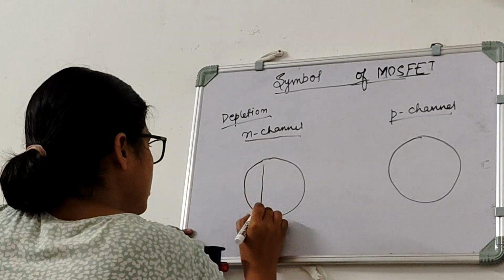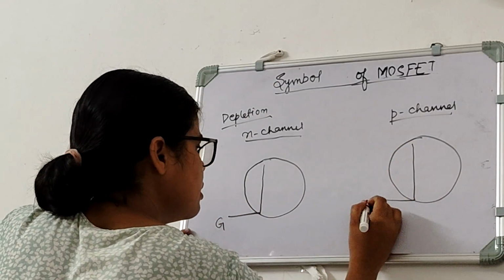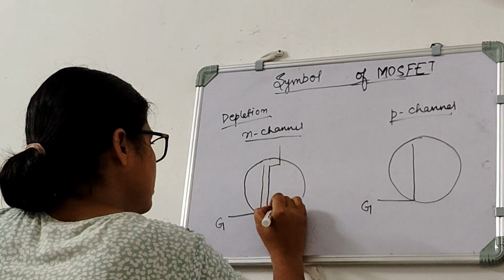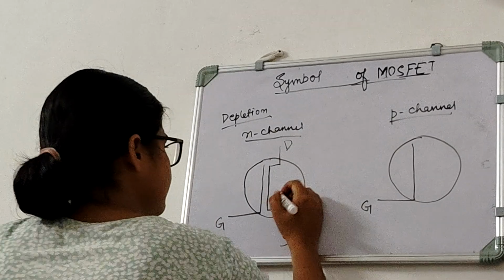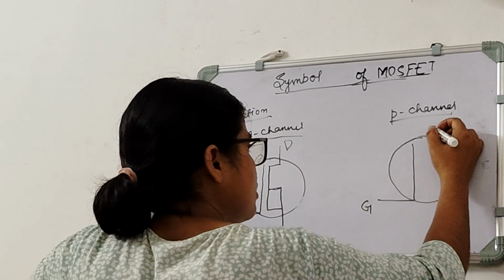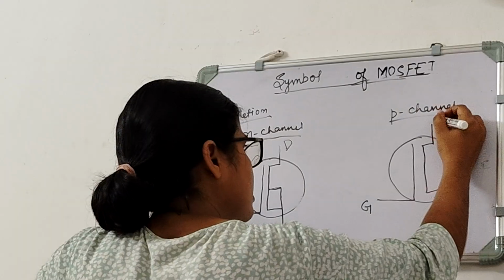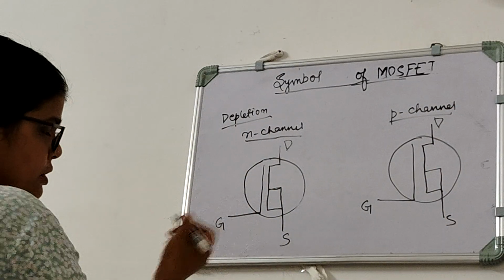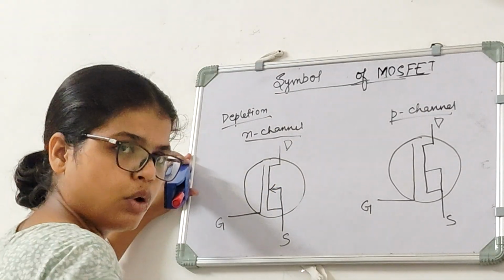Then we will draw the gate terminal, the drain terminal, and the source terminal. Here also we will draw a round circle, gate terminal, drain terminal, and source terminal.